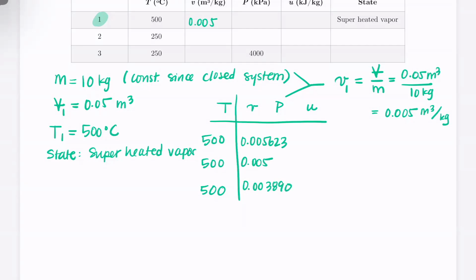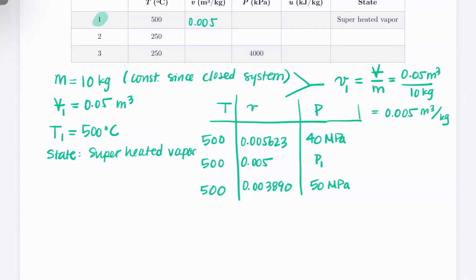I should have given myself a little more space. Then the pressures: I want to find P1 here, and then we had 40 MPa for the slightly above specific volume, and 50 MPa for the one slightly below.